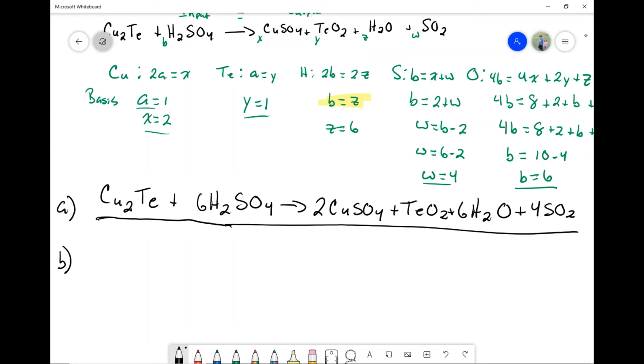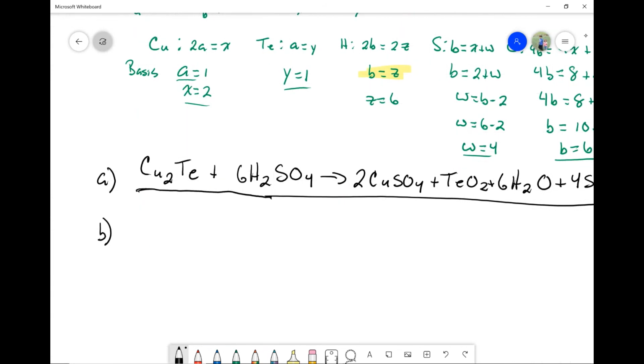So the given is 1,000 kilograms of copper telluride. And we could actually have done this in terms of a rate, but we're just looking at it in terms of using a balanced equation to solve this.